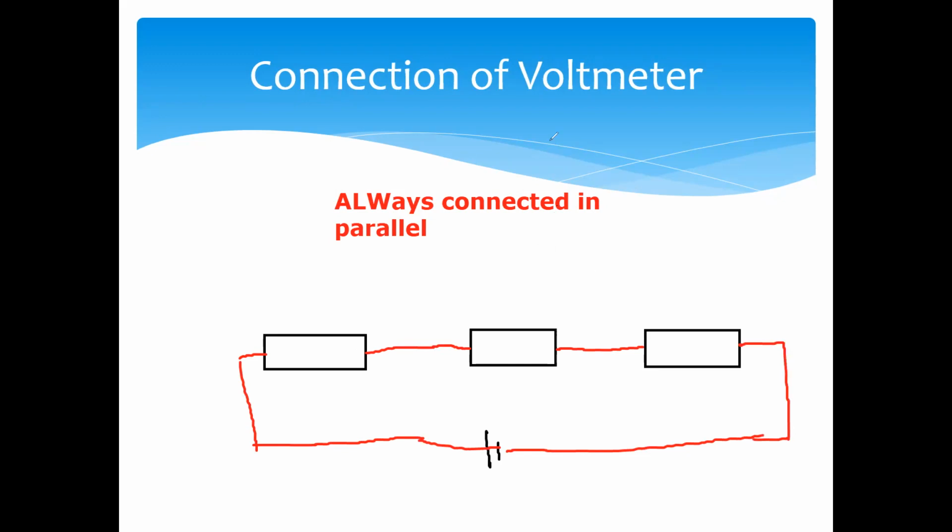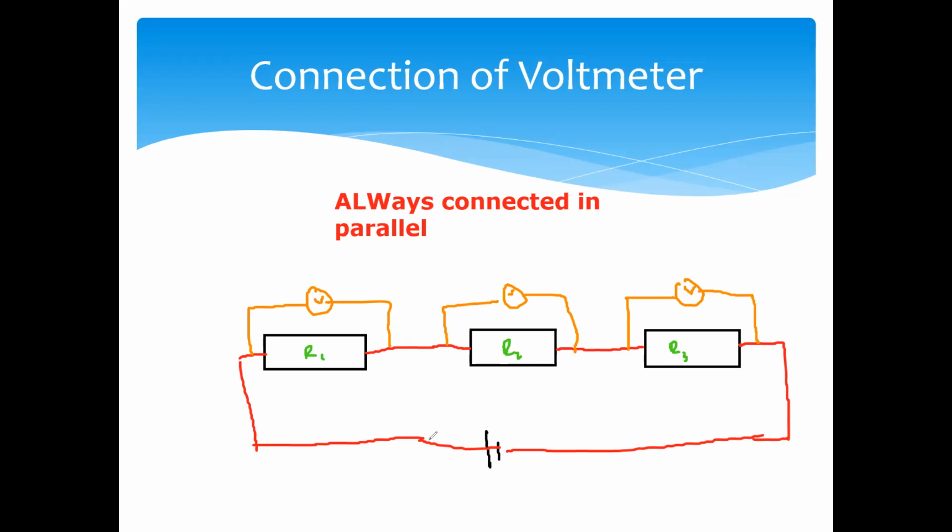If R1, R2 and R3 are the three resistors, and we want to measure the voltage across R1, we connect the voltmeter across R1. If we want to measure the voltage across R2, we connect across R2. And for the voltage across R3, in parallel across R3.